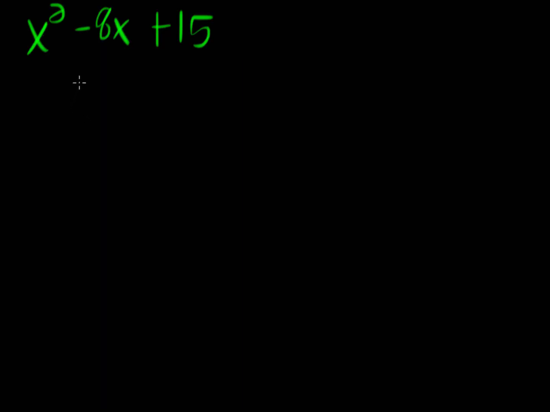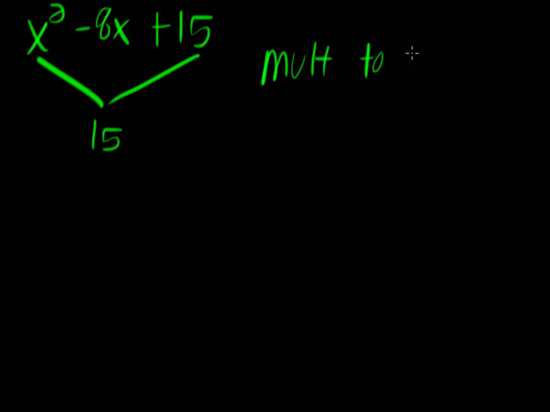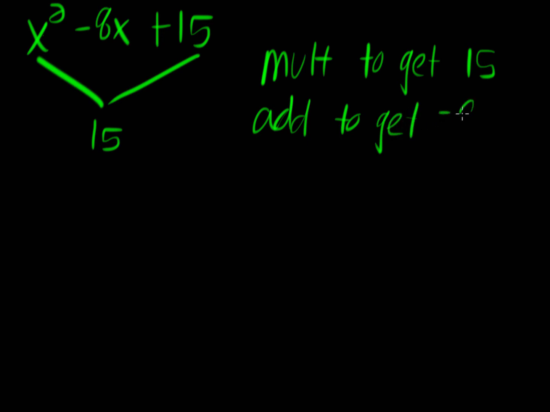In our next example, x squared minus 8x plus 15, we have to remember that our first step in factoring is to look for greatest common factor. But there is no greatest common factor. So then I move ahead and I multiply my a term and my c term to get 15, and I realize that I'm multiplying to get 15, and I have to add to get negative 8.